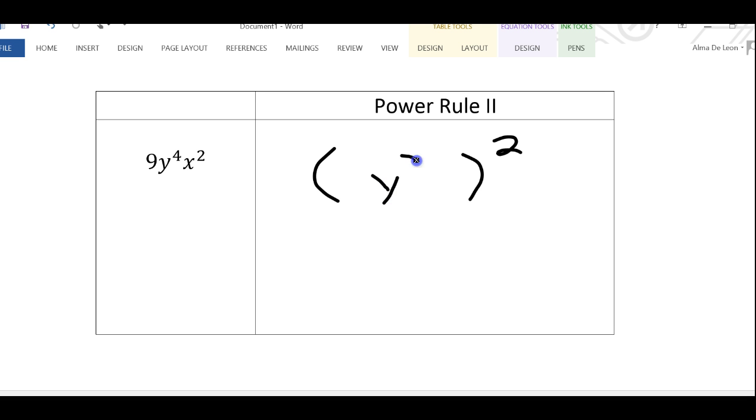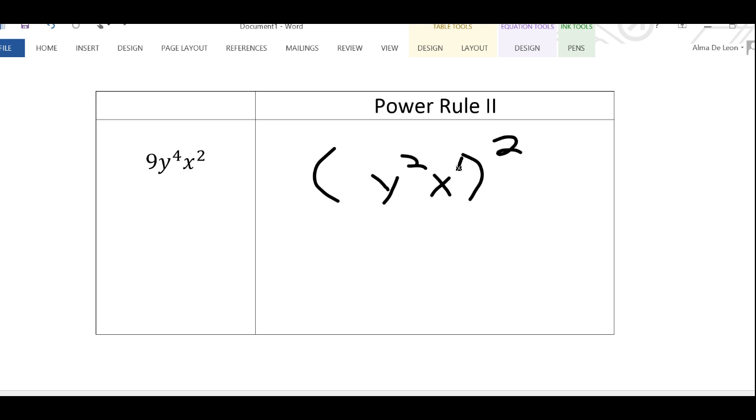Well, 2 times 2 gives me 4, so I'm going to have a y to the 2nd power, because when I multiply the exponent 2 times the power 2, I end up with y to the 4th. If I have 1x, the x has an invisible 1 as the exponent, 1 times 2 gives me 2, so that would result in x squared.